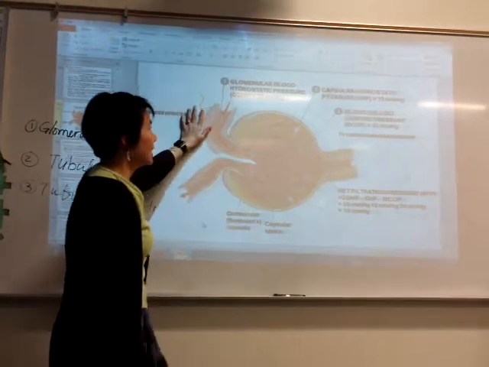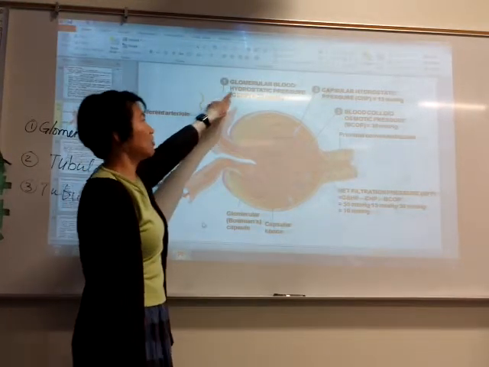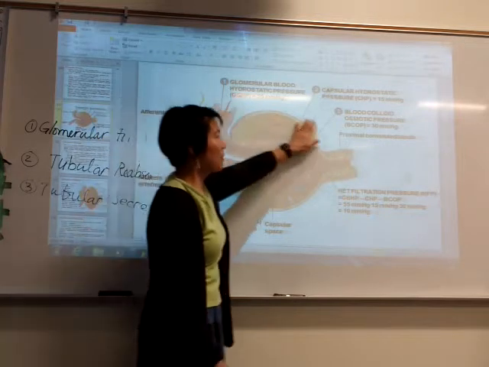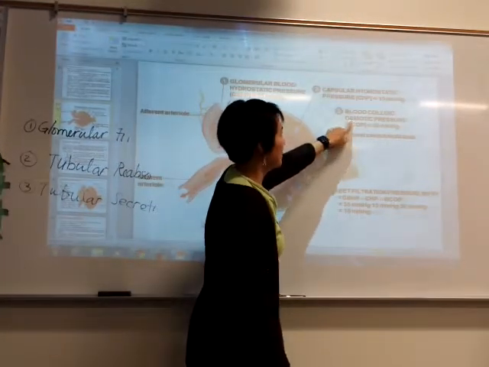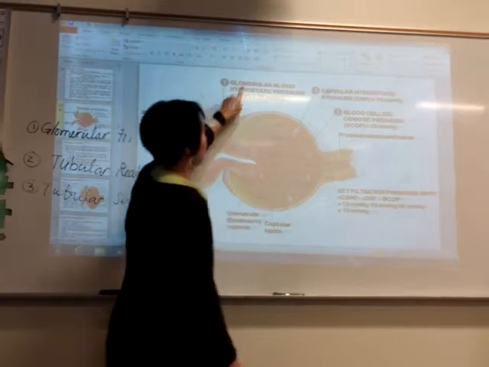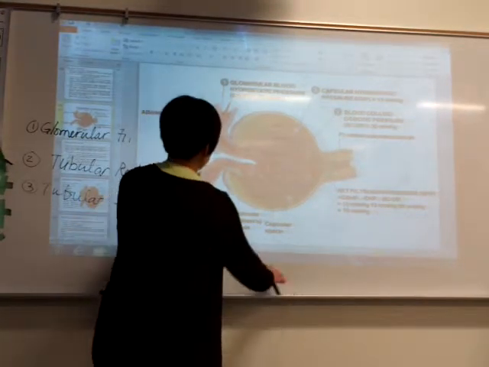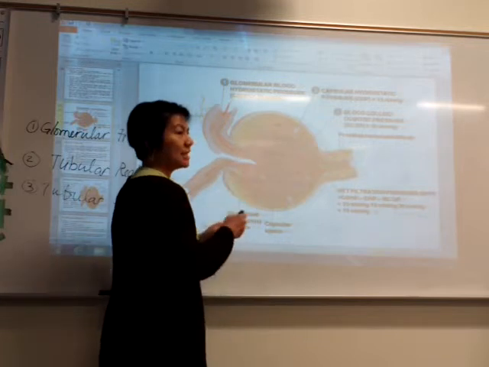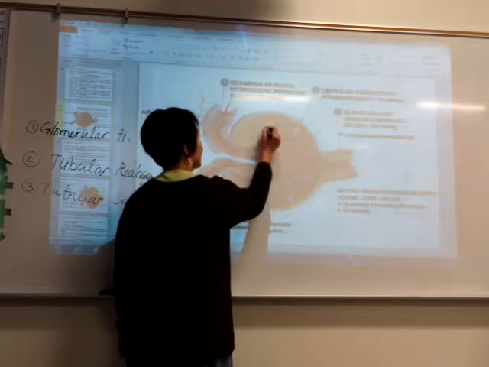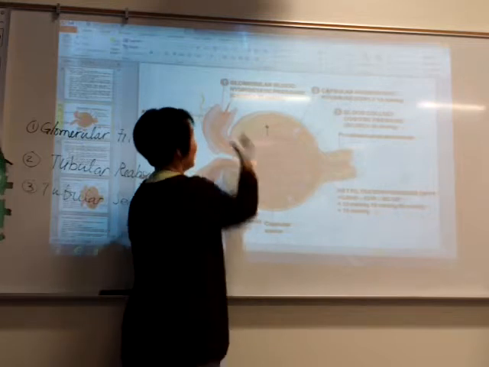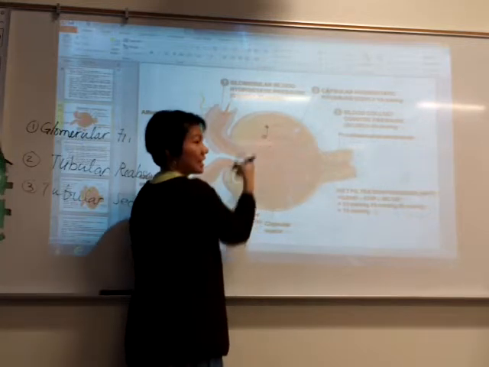So again, you will see the words hydrostatic, blood osmotic pressure, capsular. When you say glomerular blood hydrostatic pressure, it's the pressure from the glomerulus pushing the substances out. That is your glomerular hydrostatic pressure.